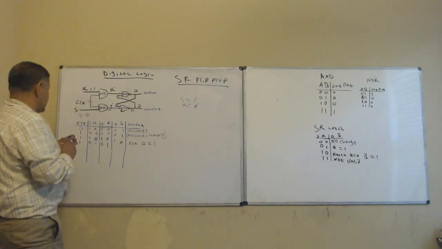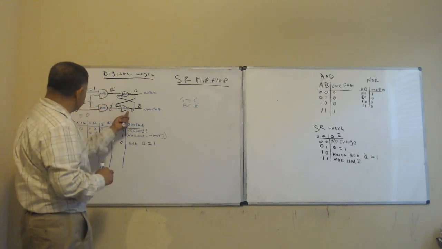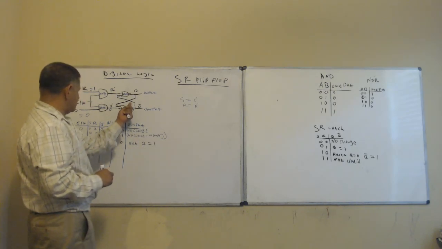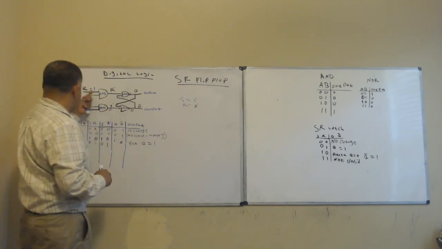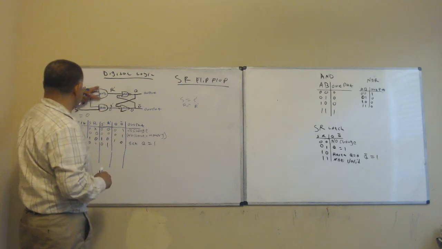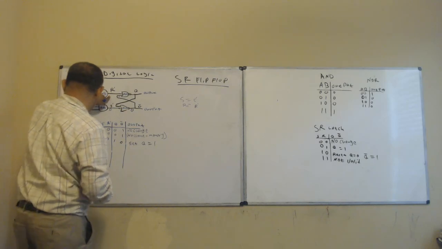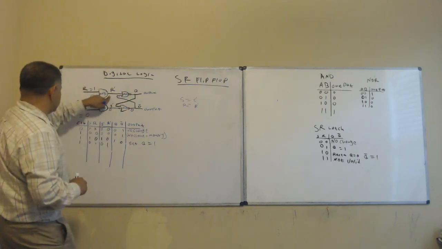So we have this 1 comes in, goes over here, right? Now this 1 comes in. This and this is 1, right?